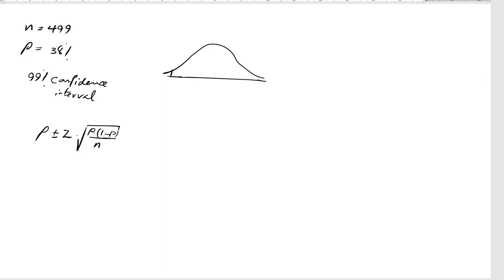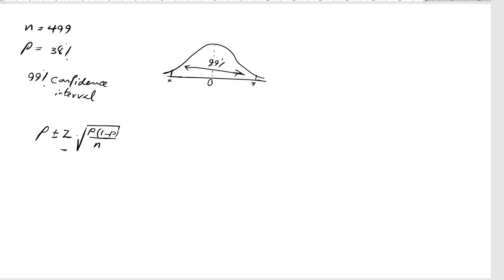So 99%, so that's 99% in the middle, and that's the middle value, and I'm after these values here. Okay, I have N, I have P, which is 38%, so the only thing I need to find is Z.